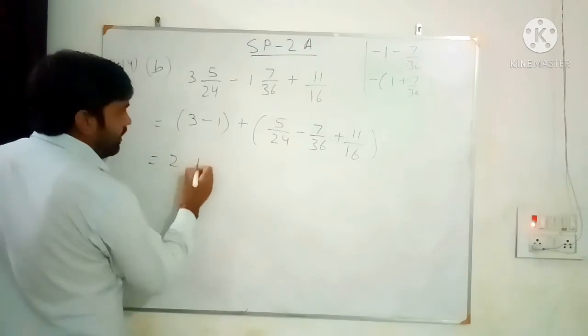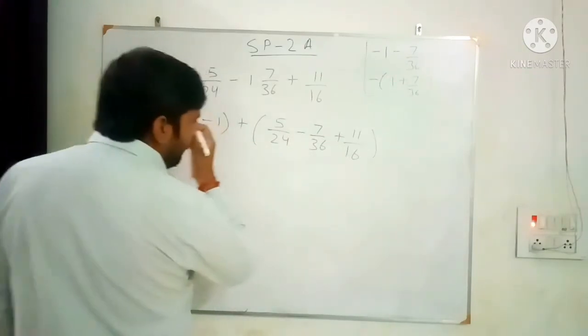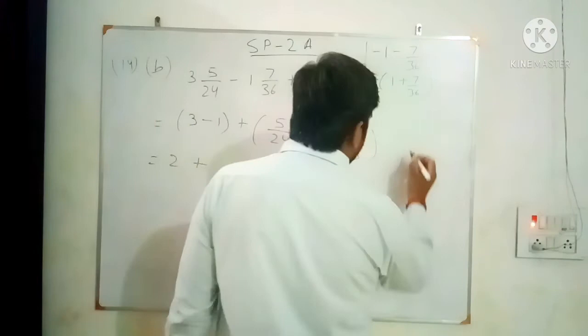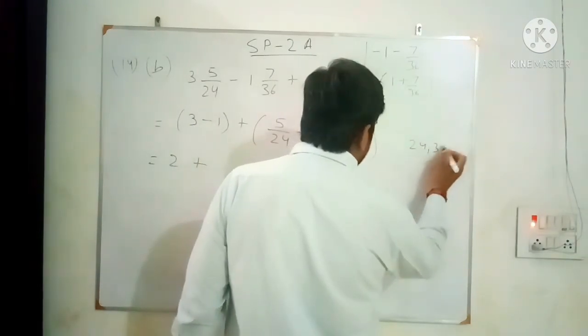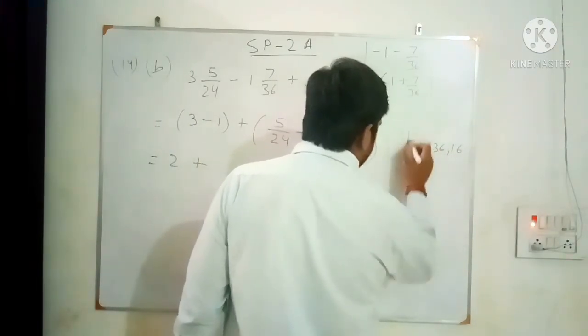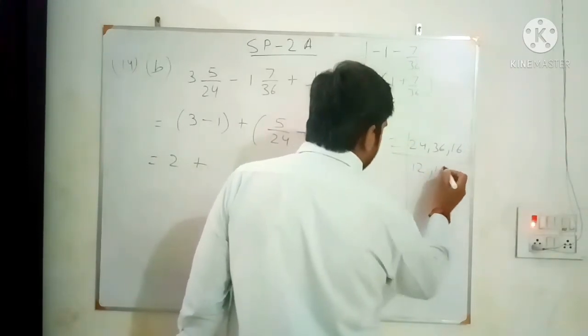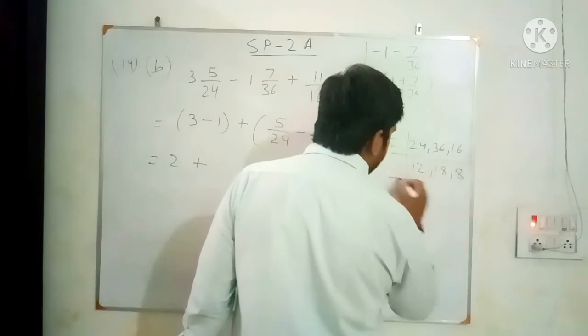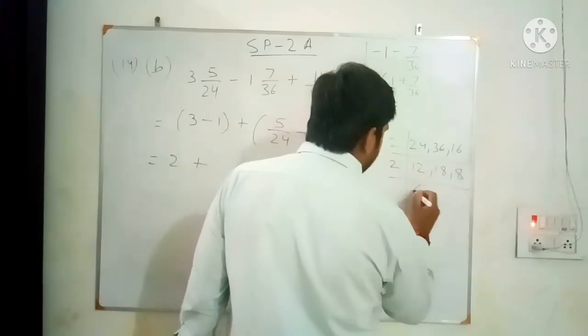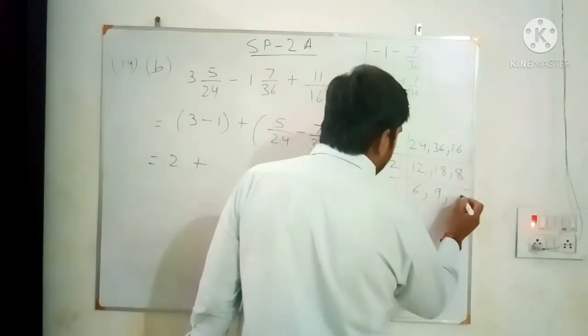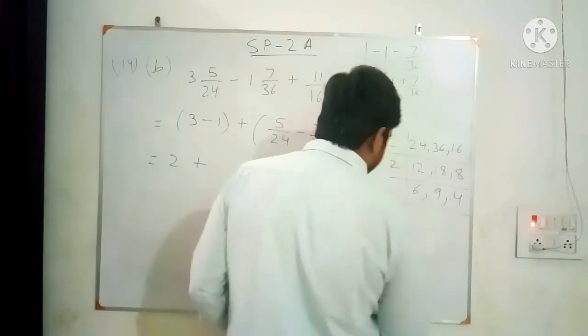2. And here you have to find the LCM of 24, 36 and 16. So when you calculate the LCM of 24, 36 and 16, see what you are going to get. 2 12s are 24, 2 18s are 36, 2 8s are 16, 2 6s are 12, 2 9s are 18, 2 4s are 8.